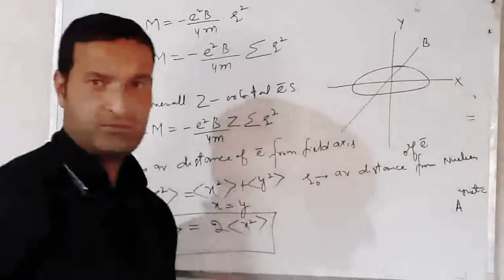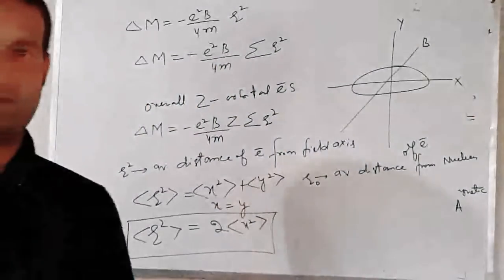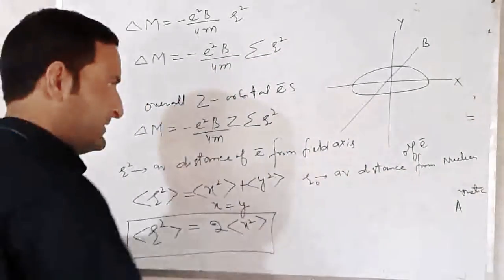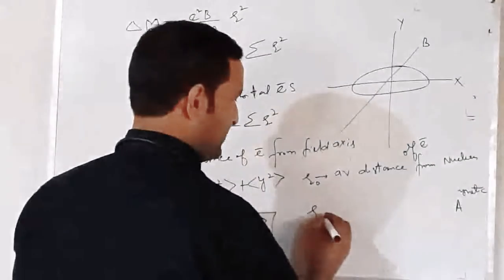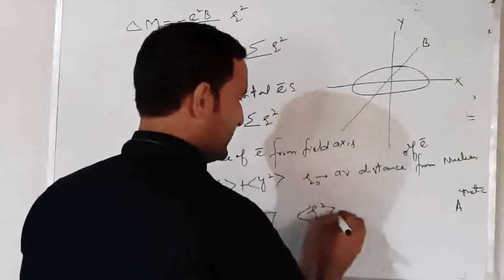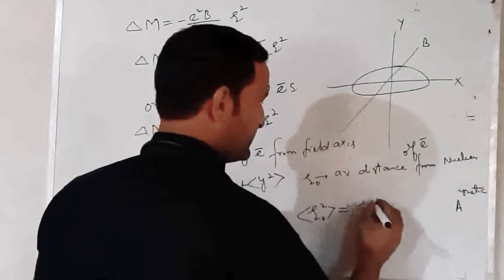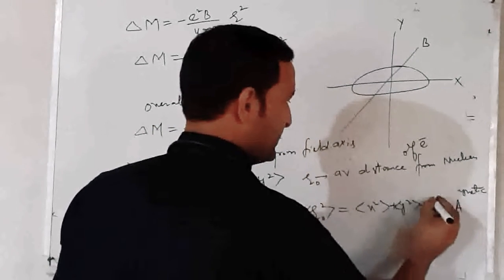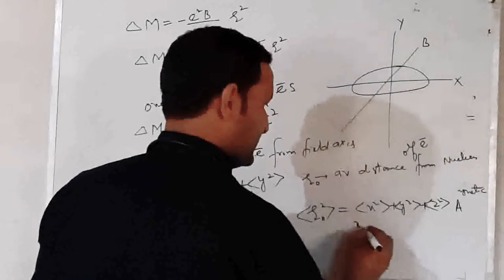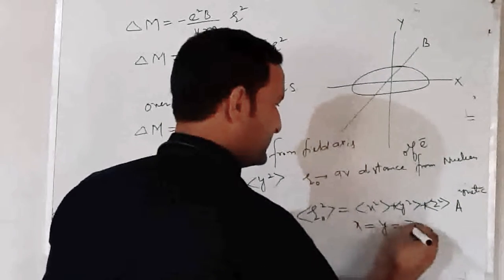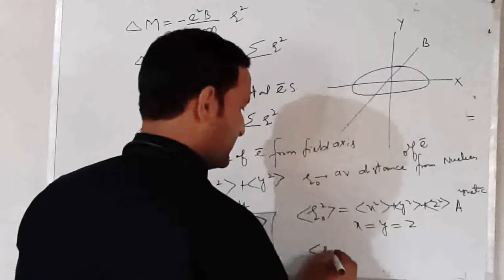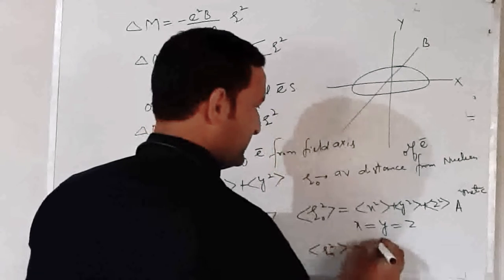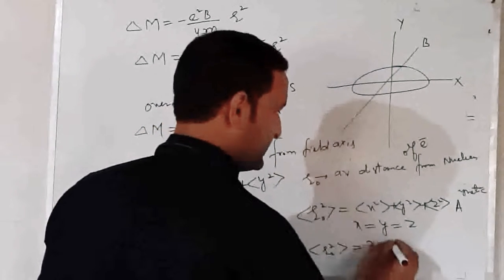We know the nucleus is spherical, that is, three-dimensional, so r naught average square will be written as x square plus y square plus z square. Here also, if x equals y equals z, we can write r naught square is equal to 3 times x square.